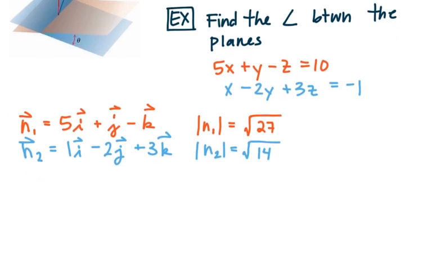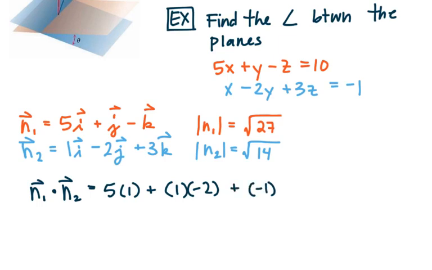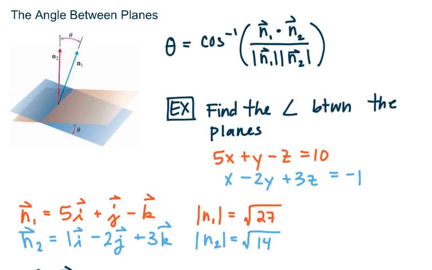Let's find our dot product. So n1 dotted with n2. That's going to be 5 times 1 plus 1 times -2 plus -1 times 3. 5 minus 2 minus 3 equals 0. So, using our formula, my dot product is 0, the magnitude of n sub 1 is root 27, the magnitude of n sub 2 is root 14.